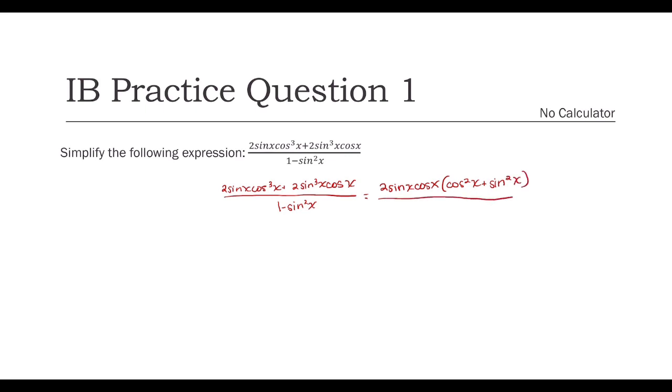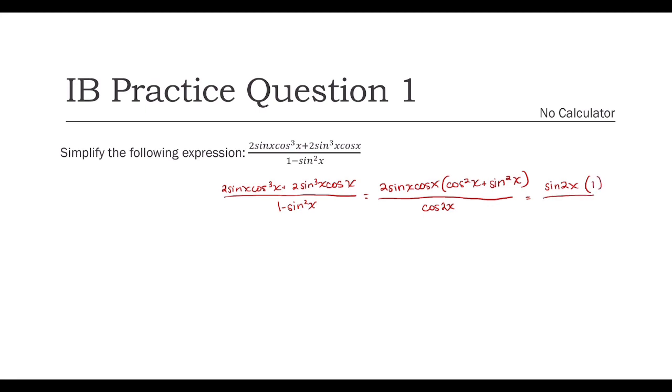Our denominator, 1 minus sine squared x, if we look at our double angle identities, we know that's equal to cosine of 2x. Our 2 sine x cosine x is sine of 2x. And then our cosine squared x plus sine squared x is 1.